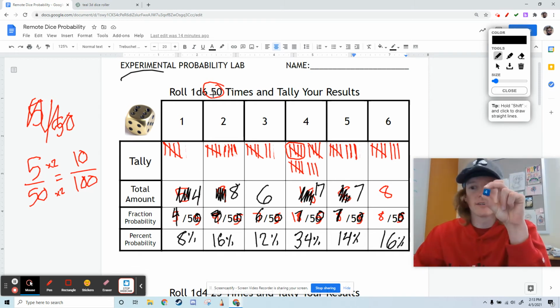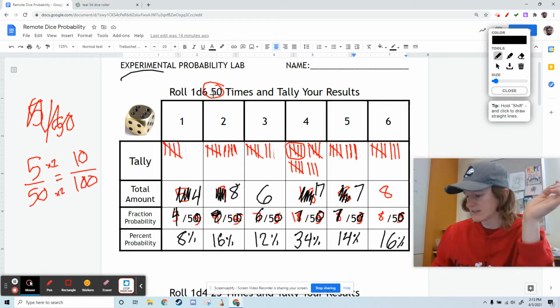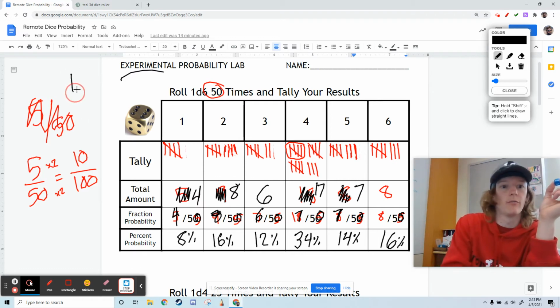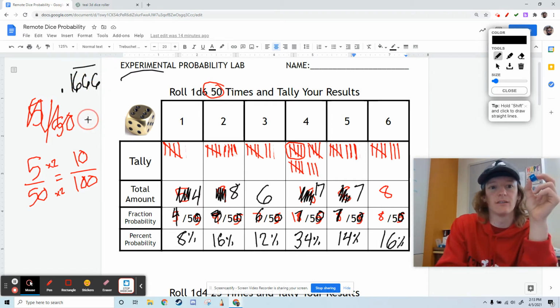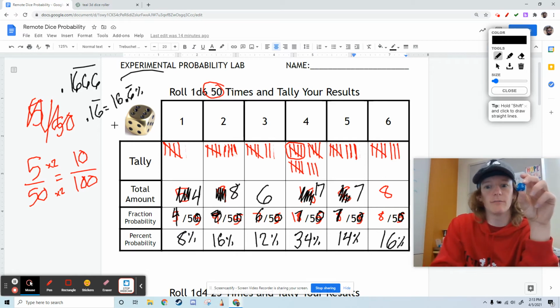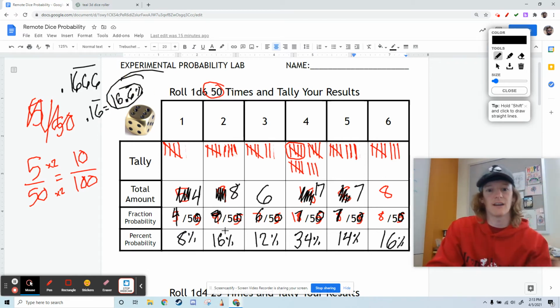Now, we are doing experimental probability. If I roll this, I should get the number 5 1 out of 6 times. 1 divided by 6, that's 0.1666, so 16 repeated, which is 16.6 repeated percent. So it should be that each of these happens about 16 or 17% of the time.